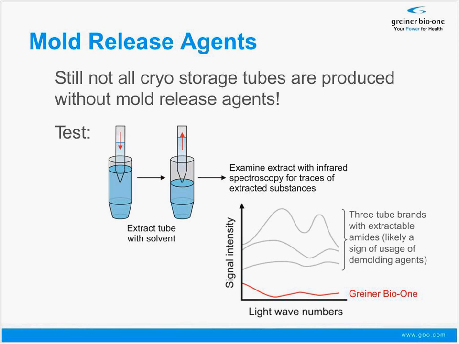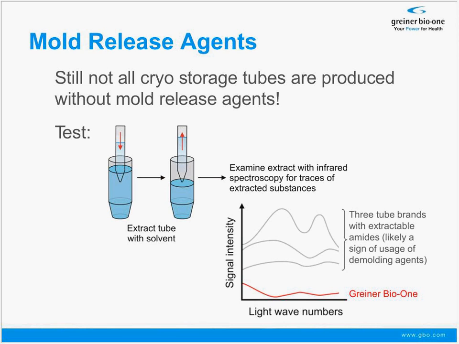We focused on wave number bands in this infrared spectroscopic analysis which are indicative of amide being present. Amide is a good candidate to look for because it gives clear signals in infrared spectroscopy. We tested several tubes and found that indeed there were some candidates which showed a signal, and one of them, shown here as the upper curve, shows a very strong signal.